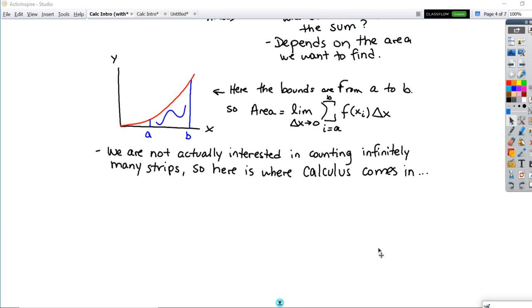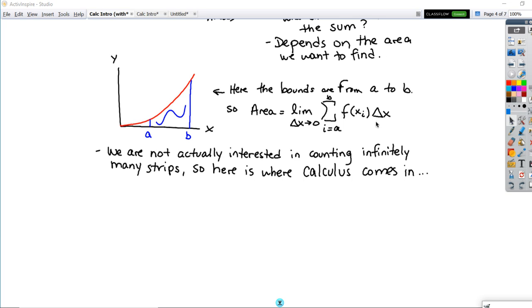If I'm making delta x really, really small, there are infinitely many strips that you could make under that curve. So we're not going to actually count them, although in your calculus class you might be asked to actually cut the graph into small strips and find the area of each strip, and that can be very tedious.